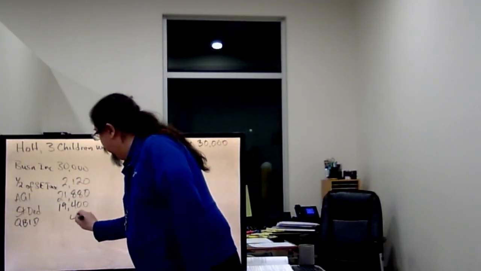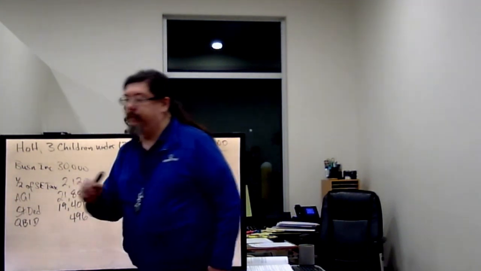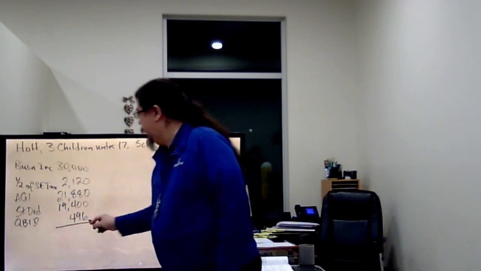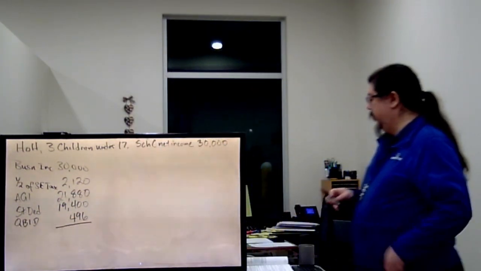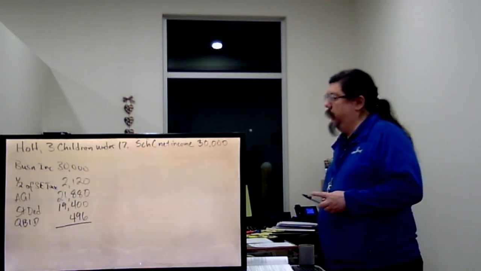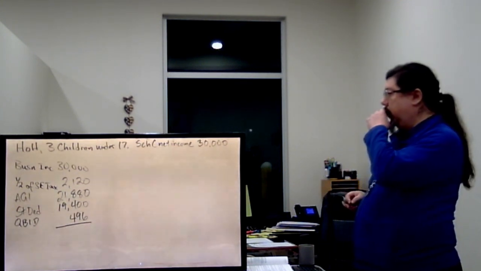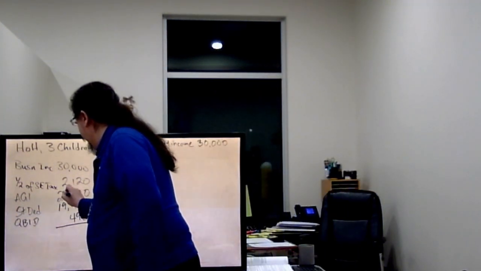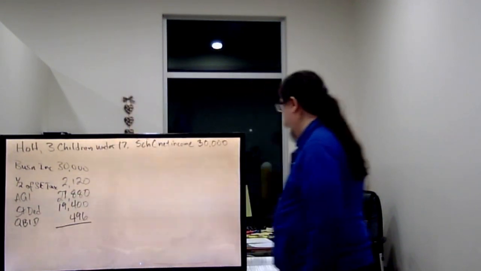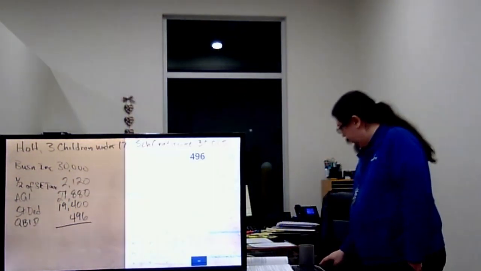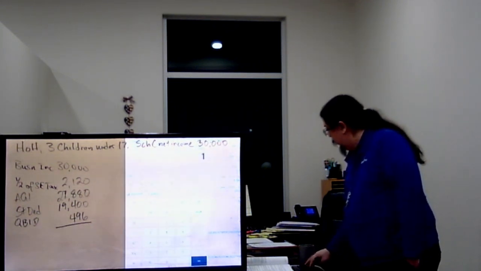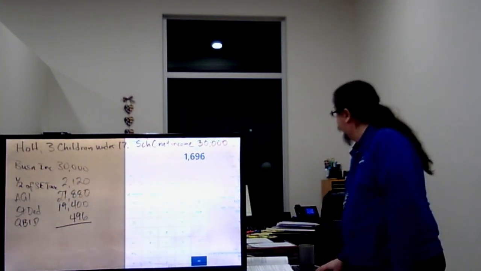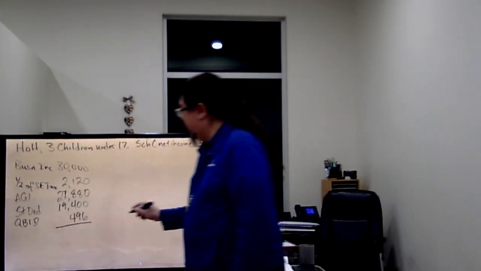Is that just a flat percentage? Yep, it's 20% after taking the standard deduction, 20% of what their taxable income would have been. So without the deduction, AGI would be 27,000? Yes. So their qualified business income deduction is $1,696.